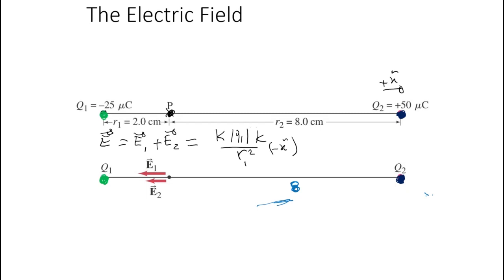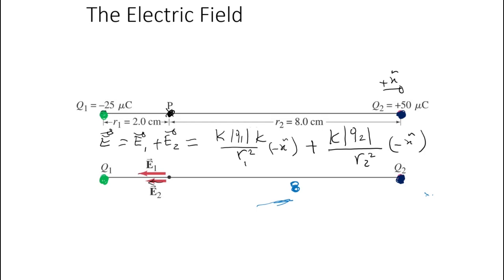If we go west, it will be negative. The same thing, plus K times the absolute value of Q2 divided by R2 squared in the negative x direction, because the two electric fields presented here are west.